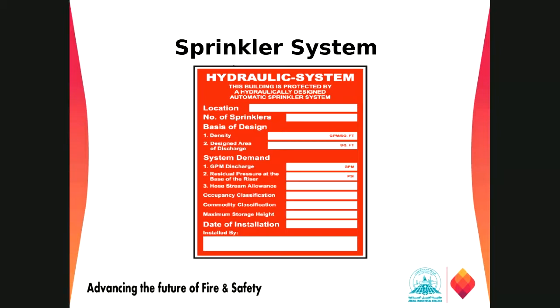It should always be there on the risers to help the fire department team. In case of a fire, it will help a lot the fire department team to use this information for fighting the fire.